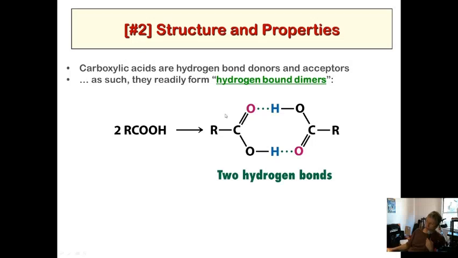So the boiling point of carboxylic acids is a little higher than an alcohol or something, because you have this extra hydrogen bonding going on. In extremely dilute solutions, the dimer can be broken up. Dilution can break this apart if you dilute carboxylic acids extremely.